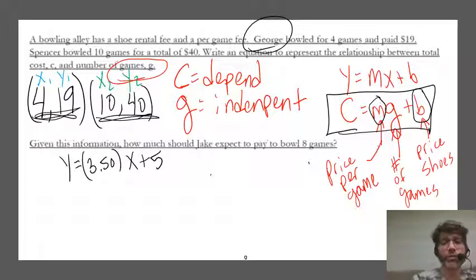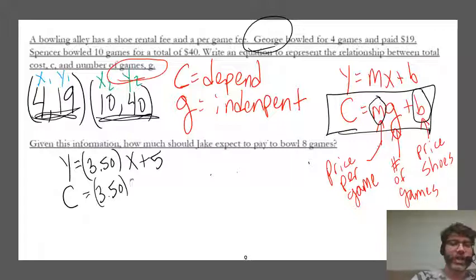Oh, and since we're using the cost as our dependent variable, let's use C instead of y. And since instead of x, we're saying g for games, the number of games, we can plug it in like that.